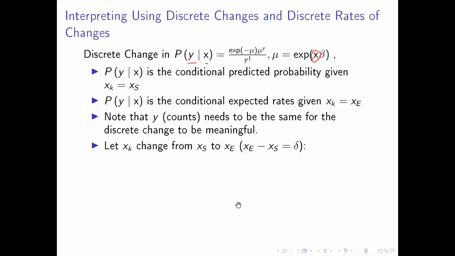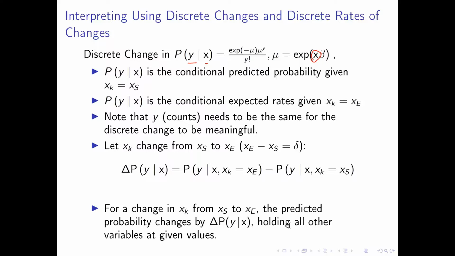And let xk, this generic variable xk, change from x subscript s to x subscript e. Then the discrete change in predicted probabilities is equal to the difference of these two predicted probabilities, given xk equal to x subscript s and xk equal to x subscript e, and holding all other covariates at given values of our interest.